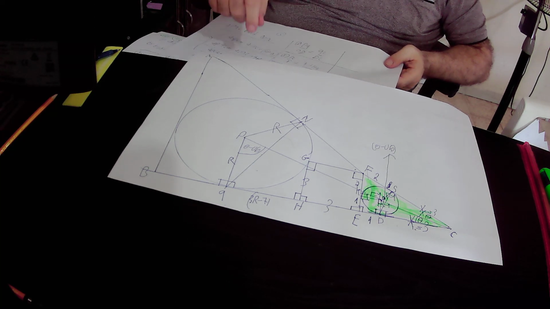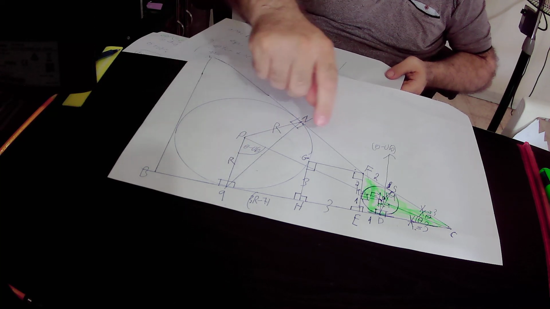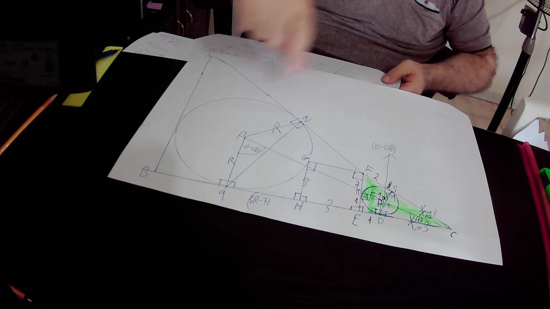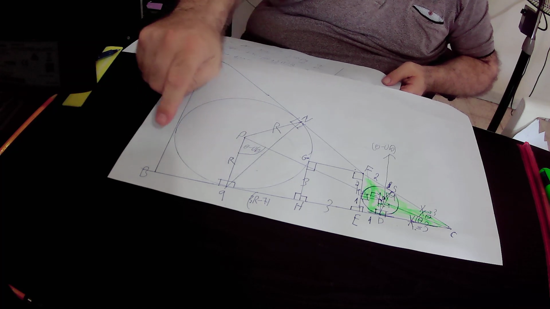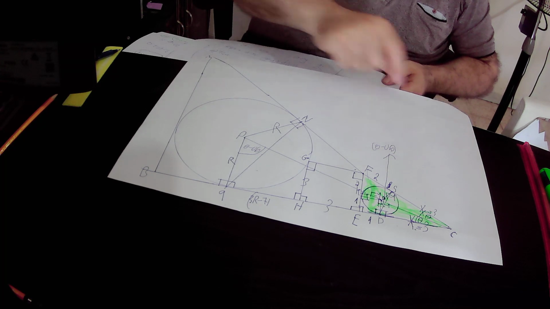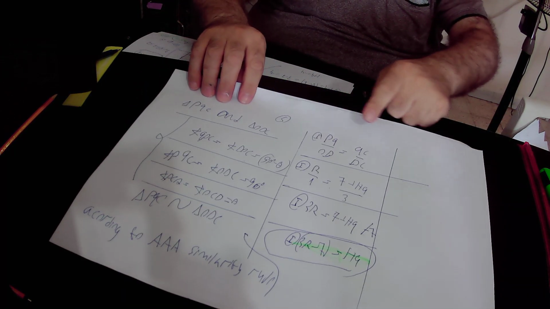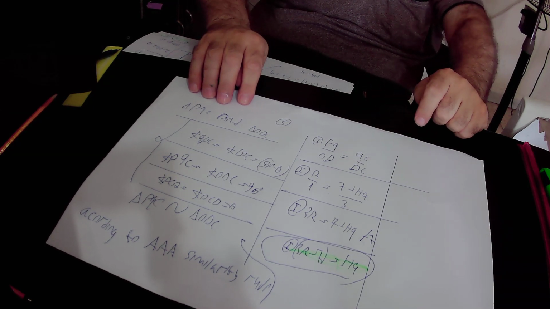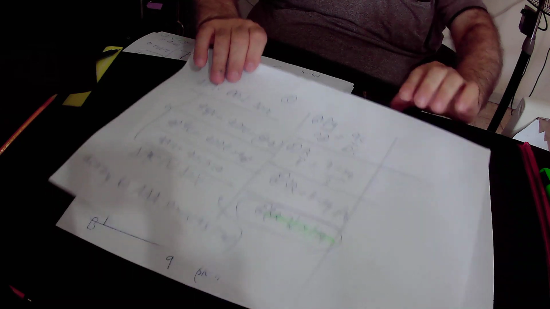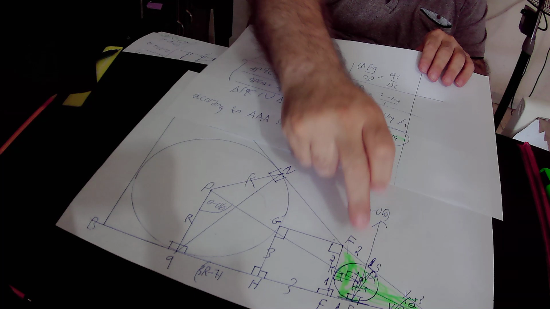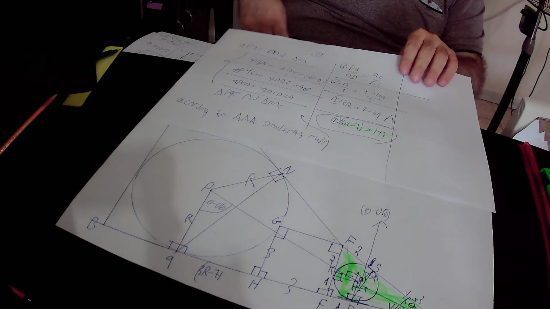We derive that PQ over OD equals QC over DC. PQ equals R, OD equals 1, it is the radius of the small circle.